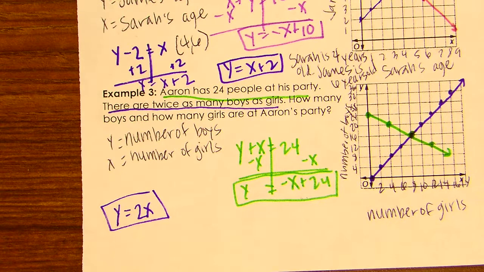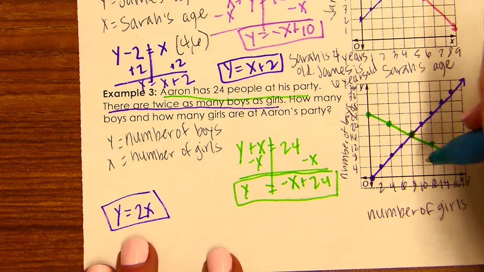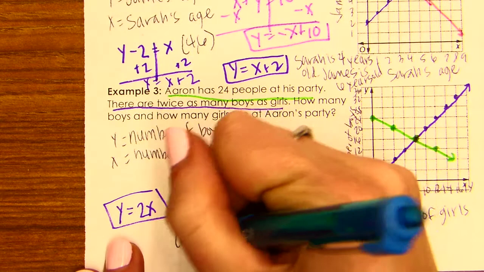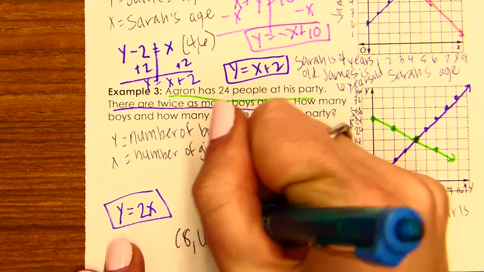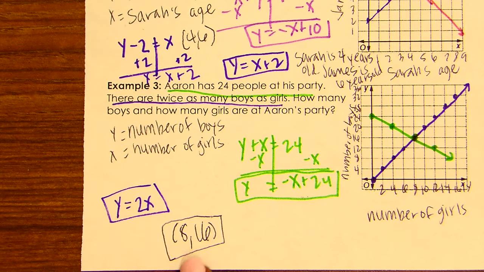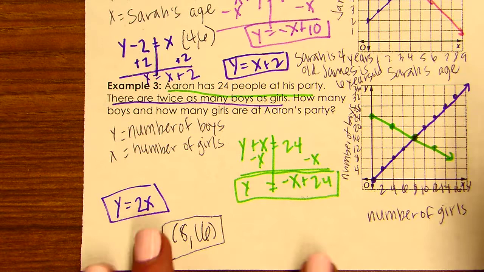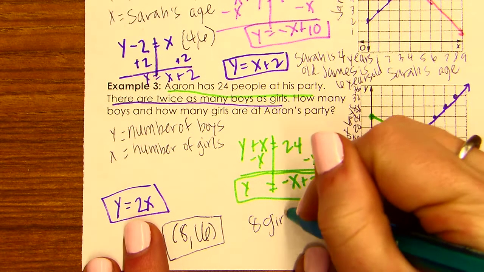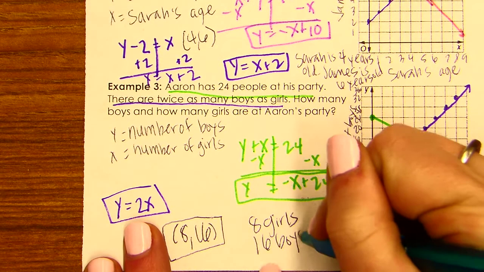So my lines cross at 8:16. This is what I need you to submit when it says to submit the video. Submit 8:16. That means there are 8 girls and 16 boys at Aaron's party.